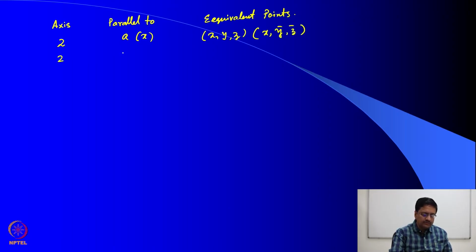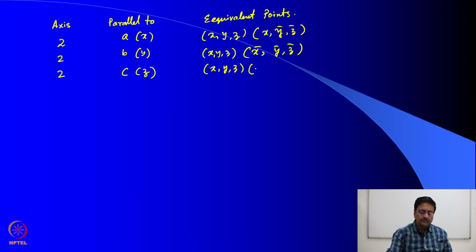Similarly, twofold parallel to B, which means parallel to y, would make x, y, z become x bar, y, z bar. And a twofold parallel to C, which means parallel to z, will make x, y, z become x bar, y bar, z.